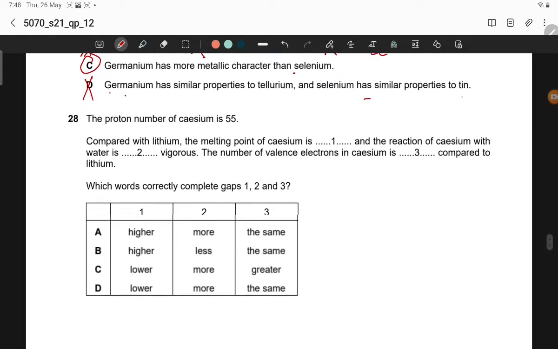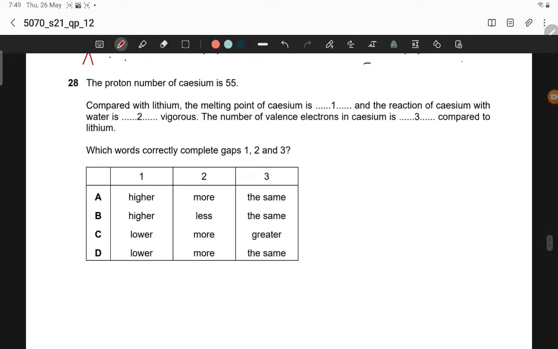C option is correct. The proton number of cesium is 55 compared with lithium. The melting point of cesium is lower, and the reaction of cesium with water is more vigorous.